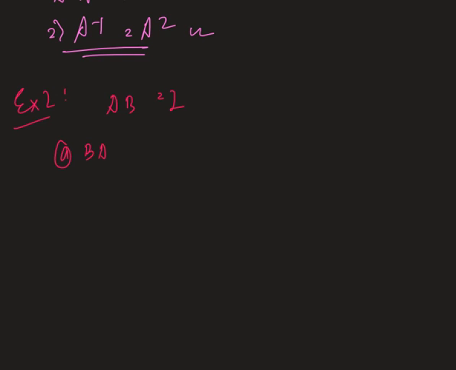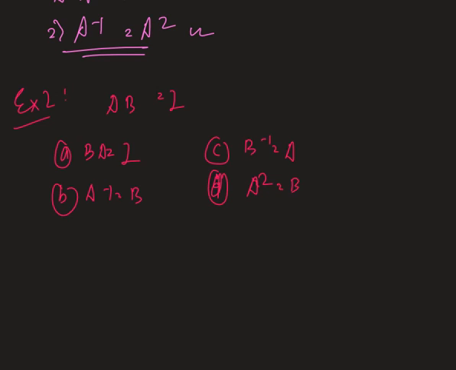The first option is BA equals I. The second option is A inverse equals B. The third option is B inverse equals A. And the fourth option is A square equals B.